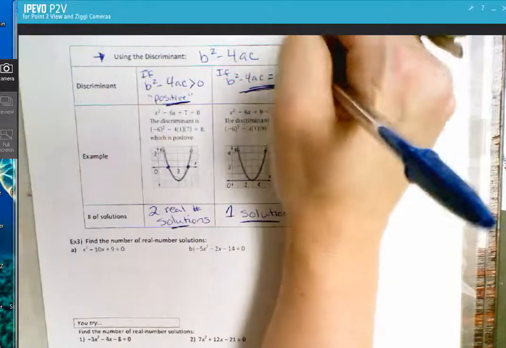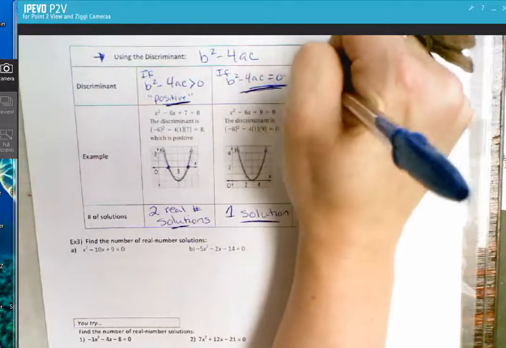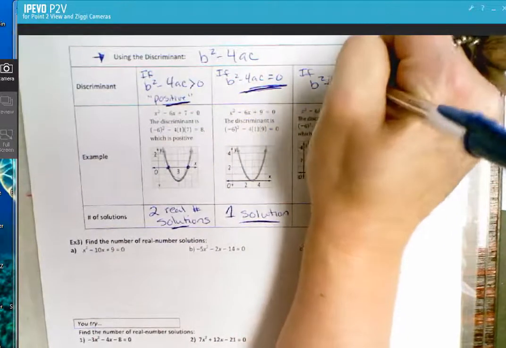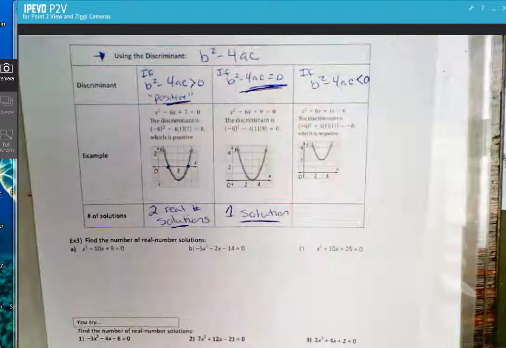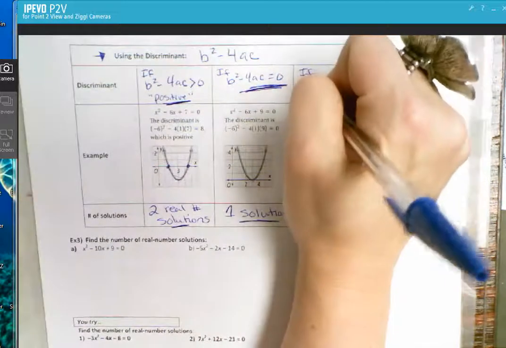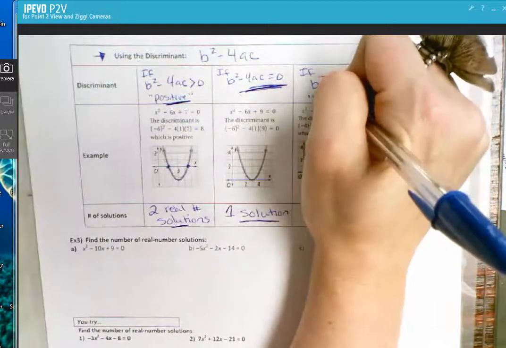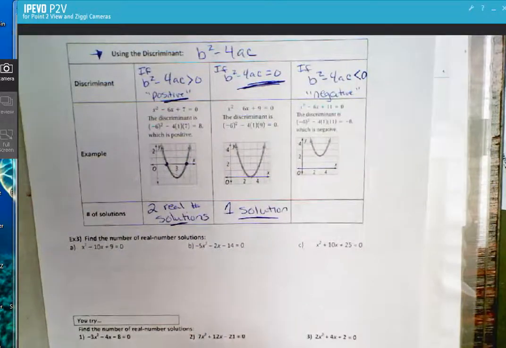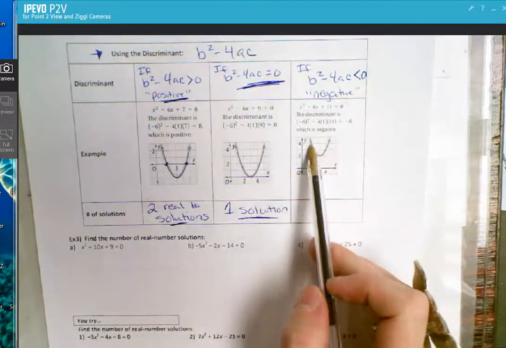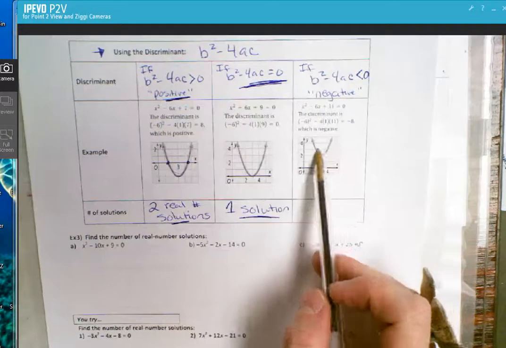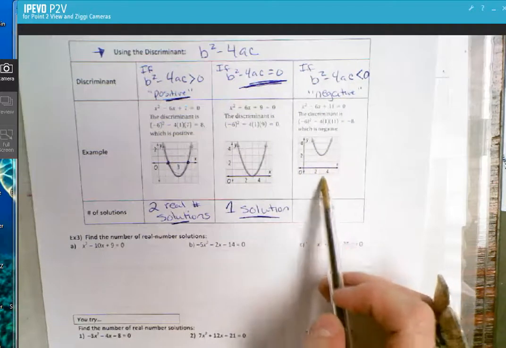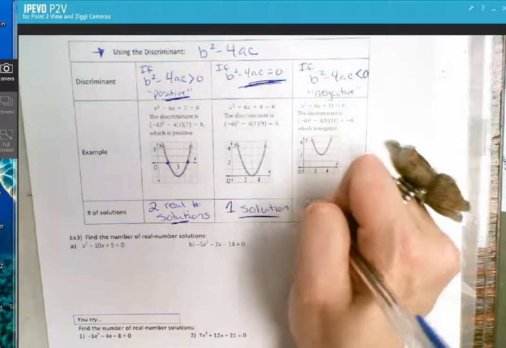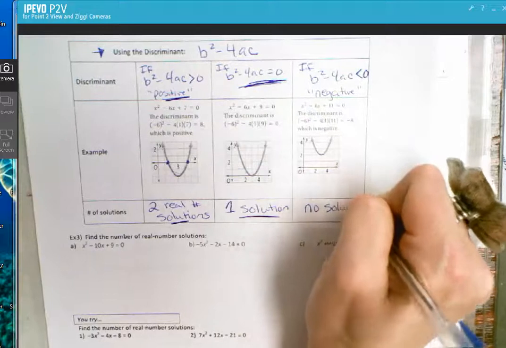But if b squared minus 4ac is less than 0, which means the number after I substitute in is negative, then the graph doesn't cross the x-axis at all. Whether it's a positive quadratic or a negative, it's going to be either above or below the x-axis. No solution.